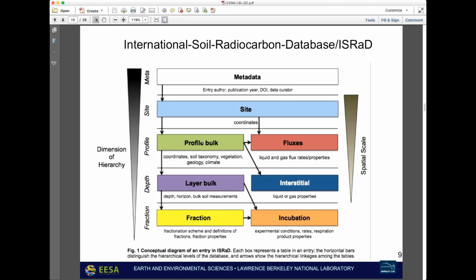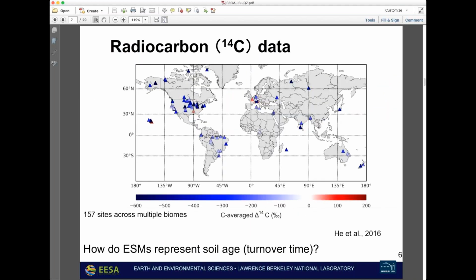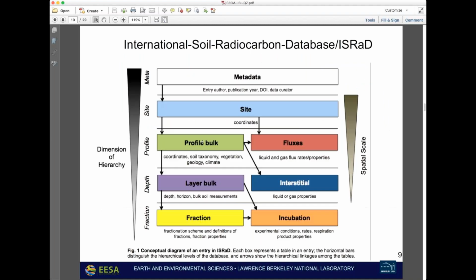And I also want to mention that this is the first try at synthesizing global scale 14C profile data and comparing it with the model. There is actually a working group, and they put together a database called ISRAD. It is growing very quickly, and also allows people to submit data, and then they will handle the data processing.